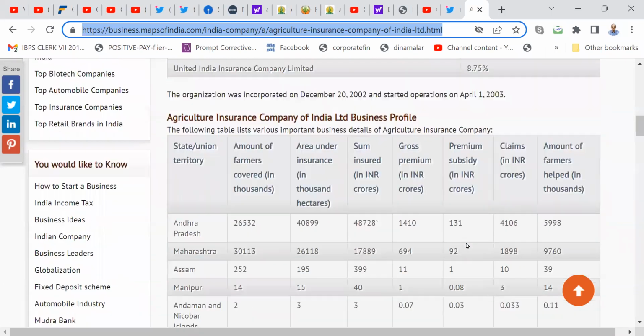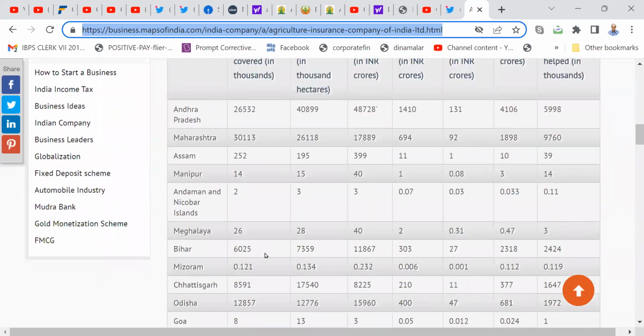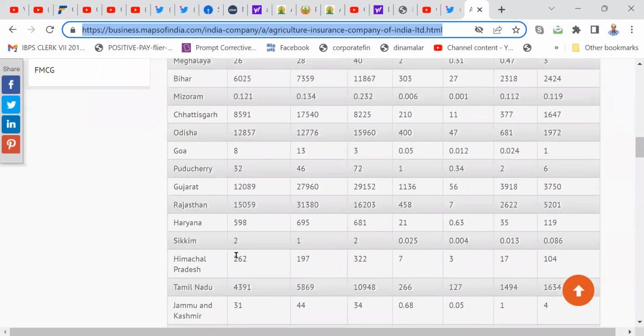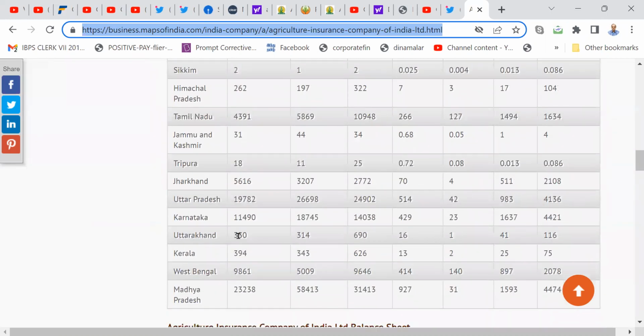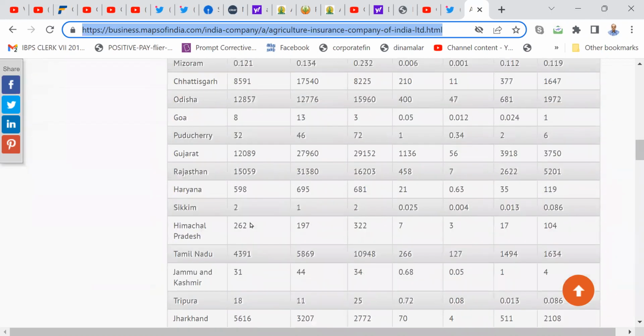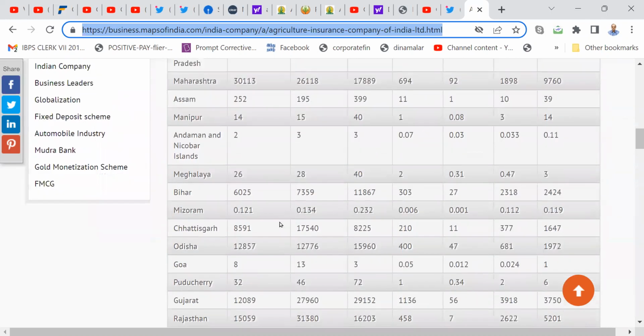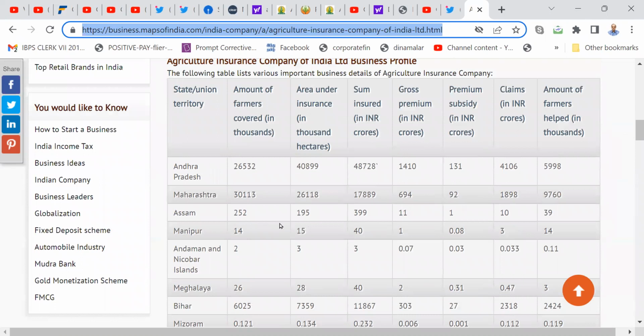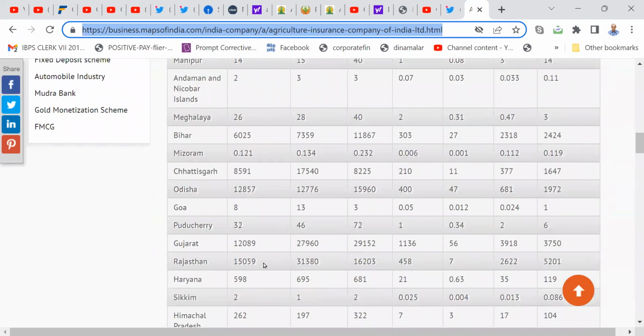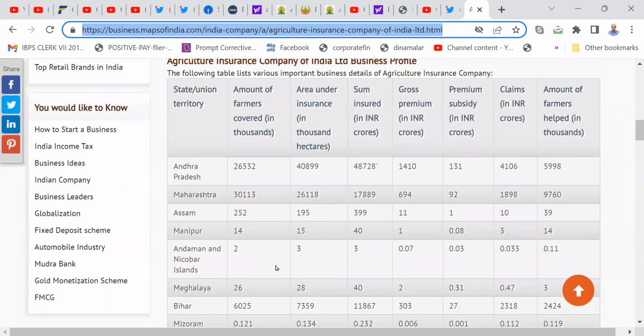Okay. The Agricultural Insurance Company business profile. Here, your state Rajasthan. Yes, sir. The number of farmers covered in the first year is 15,059. I think it must be thousands, 15,000, 59,000. Then area under insurance, sum insured, gross premium collected, premium subsidy, claims in rupees.